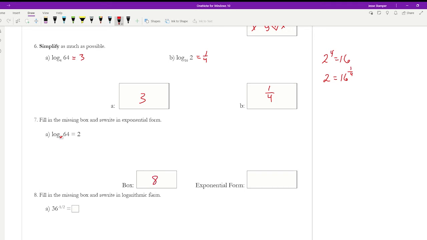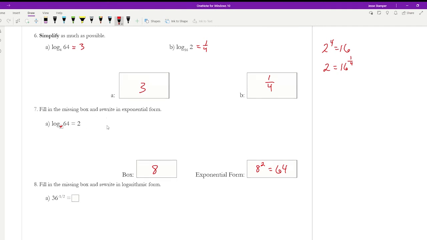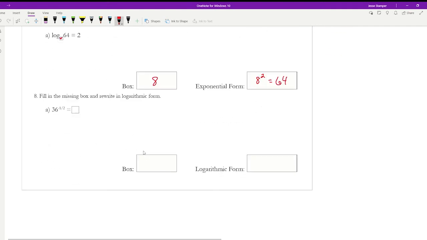So 8 squared is 64. Writing that down, the base is 8, the exponent is 2, and the answer is 64. And that's the way you write it down when you have a log statement, which is pertinent thing to remember because now we're going to deal with the opposite answer.